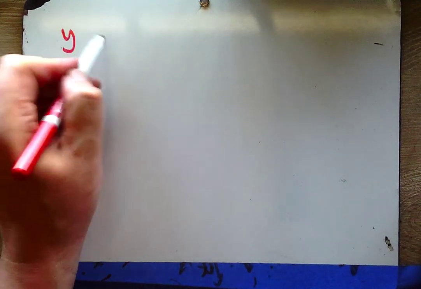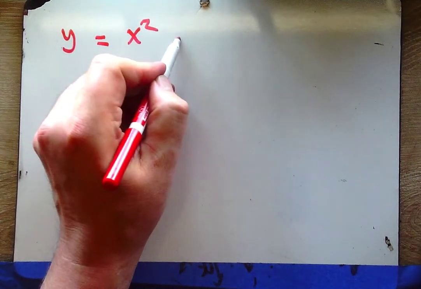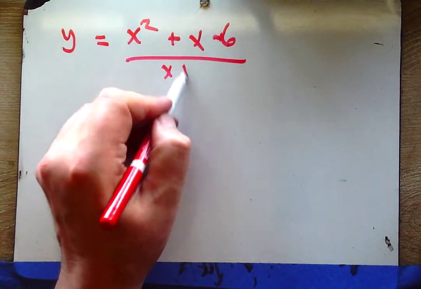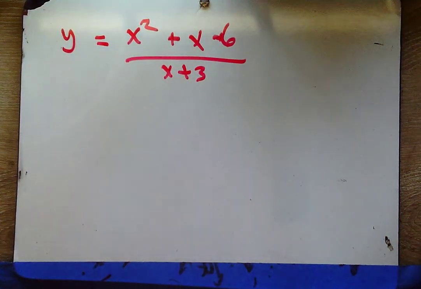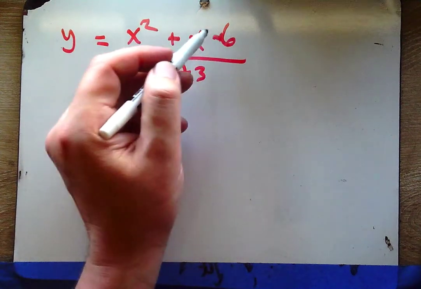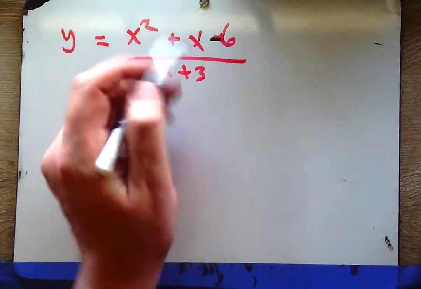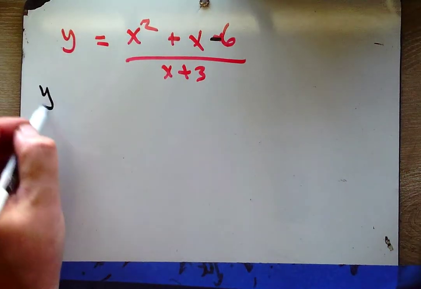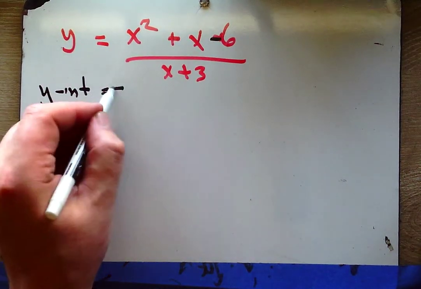Okay, last one. Y equals x squared plus x minus 6 over x plus 3. Please pause the video, give that one a graph. Hey, welcome back. That's right, I agree with you. I see that my y-intercept is -6 over 3, so the y-intercept is -2.